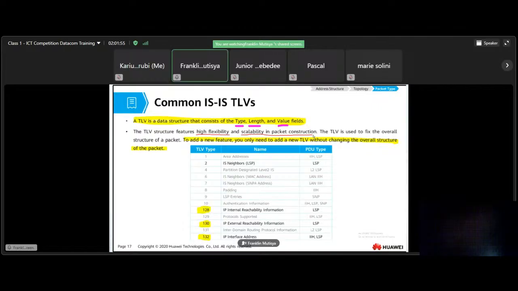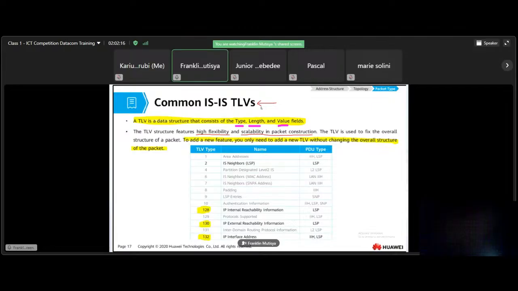The ISIS packet has additional features which are built for flexibility and scalability. Okay, and we call these features type length value fields. So these are used to add more features into the ISIS packet structure.